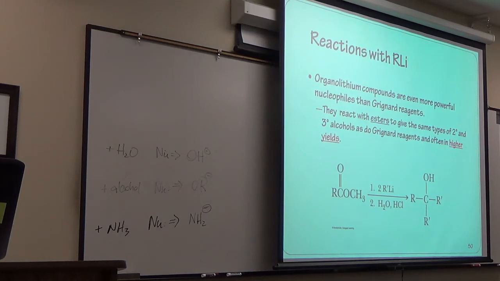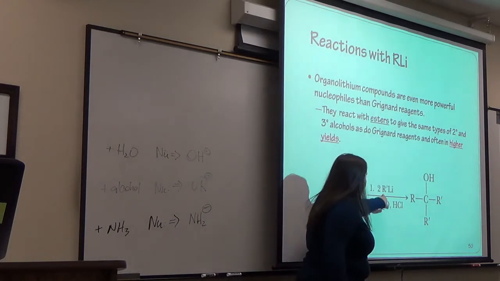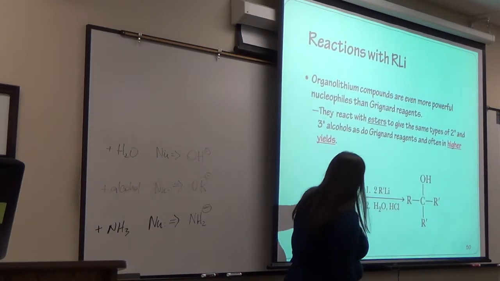That the nucleophile, right? The key here is to look at these available reagents and figure out what is the nucleophile, right? In both the Grignard and the organolithium, it's going to be your carbon chain, what we call the R group. Okay, so again, the R is going to be the one to attack, right, open, close, leave, right?